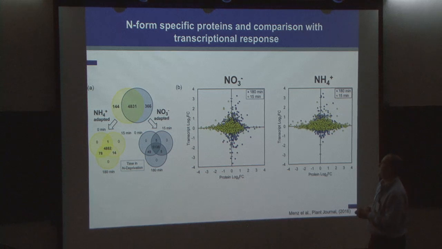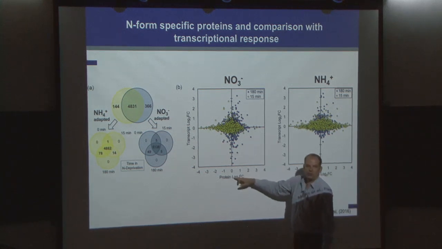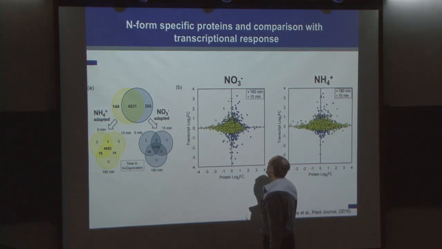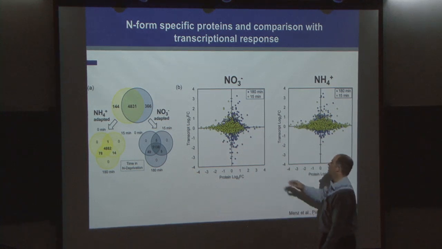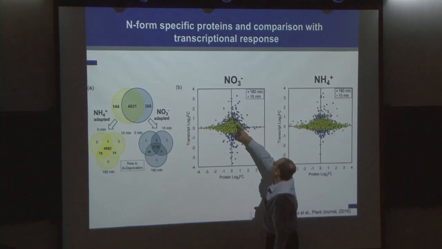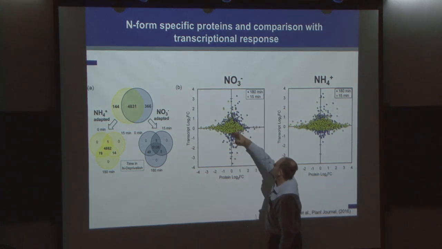However, now we have a look at the log fold changes for protein and the log fold changes for the transcripts. For nitrate, what I told you before is that after 15 minutes you see very few transcripts that go down. After 3 hours, quite a lot of transcripts go down.